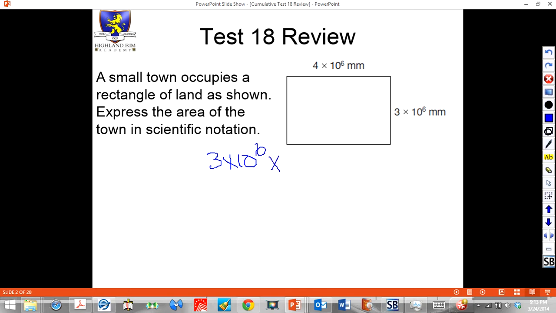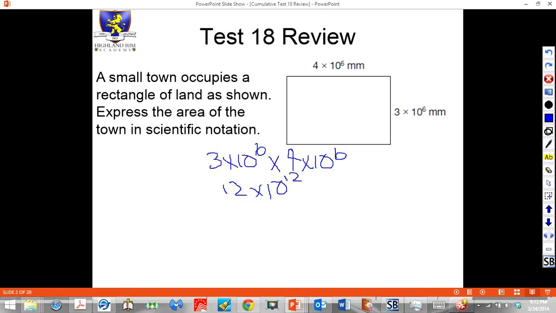That will give us 12, 3 times 4, times 10, and we add the 6 and the 6, we get 10 to the 12th. And that's a good answer, except that's not in scientific notation. 12 is not between 1 and 10.